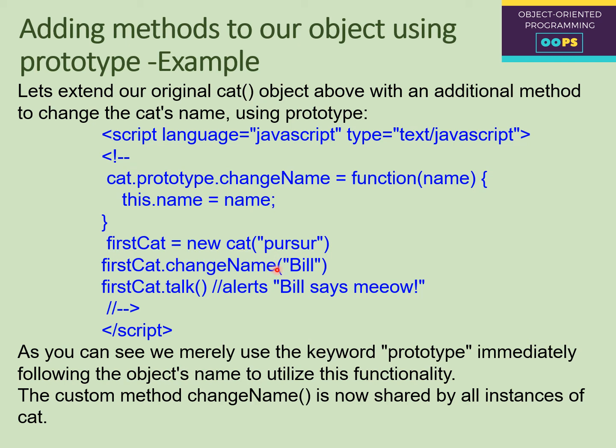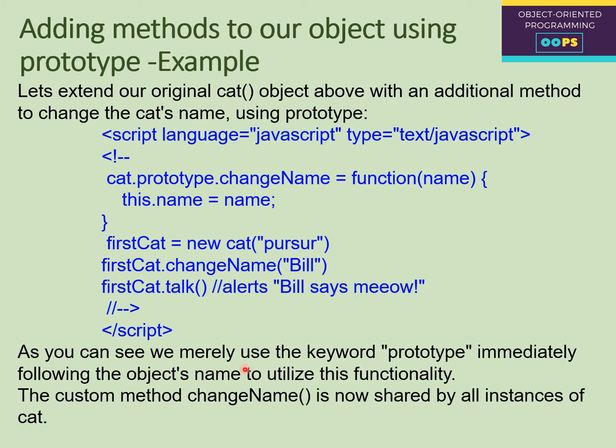So it will replace Parser with Bill. So firstCat has the name Bill now. Then firstCat.talk. After that we are calling the talk function using firstCat. So it will produce an alert message like this: Bill says Meow, because Parser is overwritten with the Bill value.